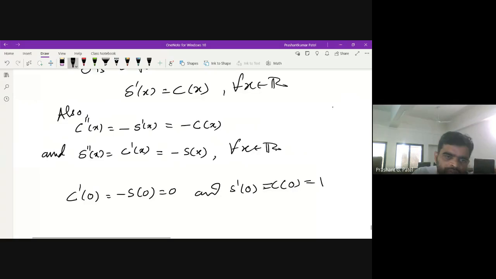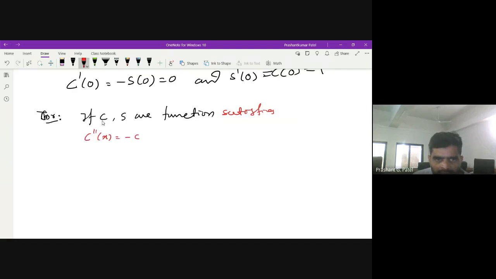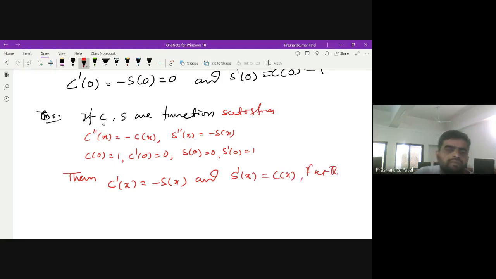For that I need to define some properties. The first corollary of this result we can state like this: if c and s are functions satisfying the two conditions, that is c double dash of x is equal to minus c of x, s double dash of x is minus s of x, c of 0 is 1, c dash of 0 is 0, s of 0 is 0, and s dash of 0 is 1, then we will have this property, that c dash of x is minus s of x, and s dash of x is c of x, which we already proved in this statement.